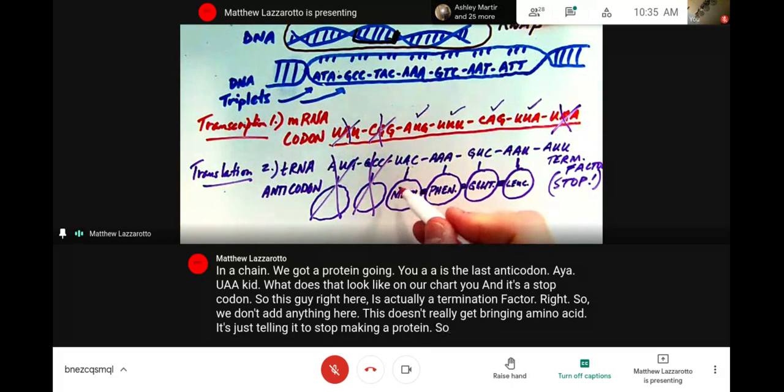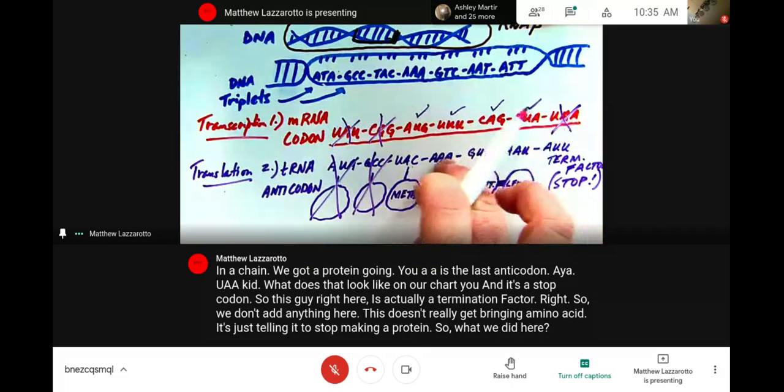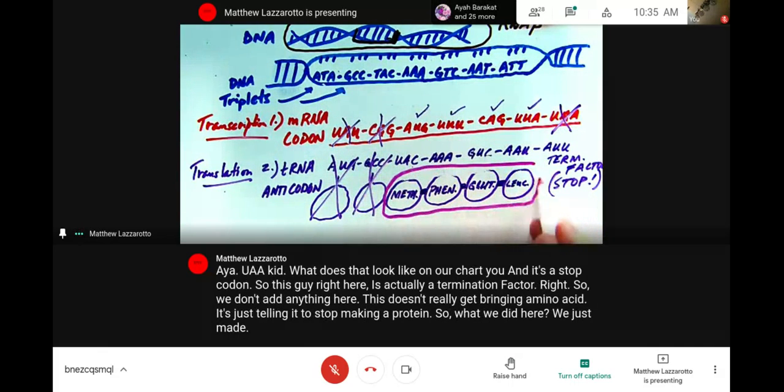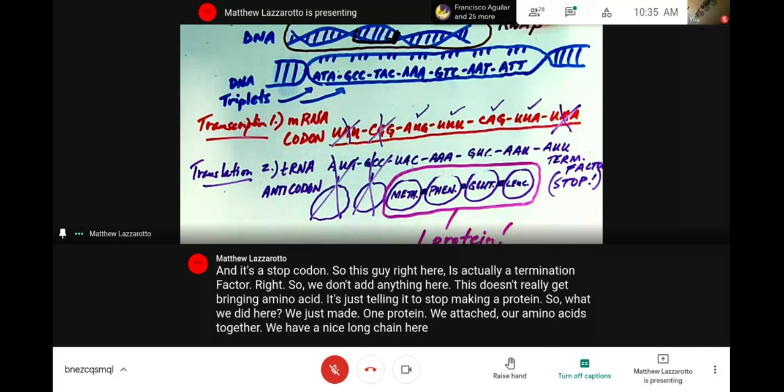So what we did here, we just made one protein. We attached our amino acids together. We have a nice long chain here of protein.